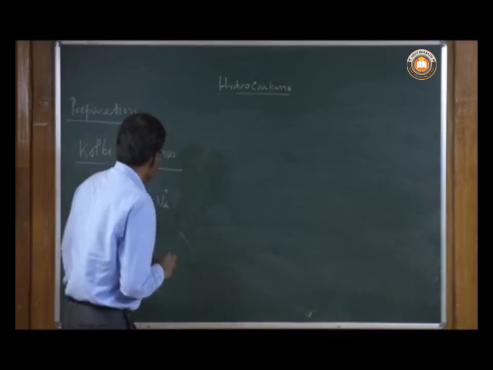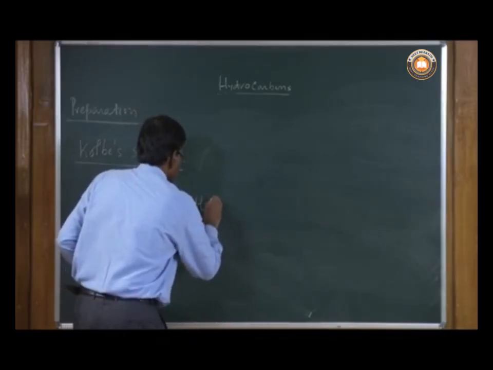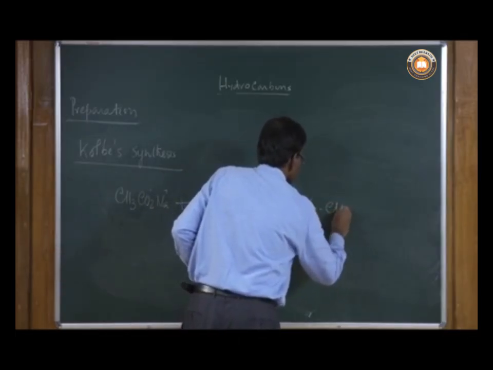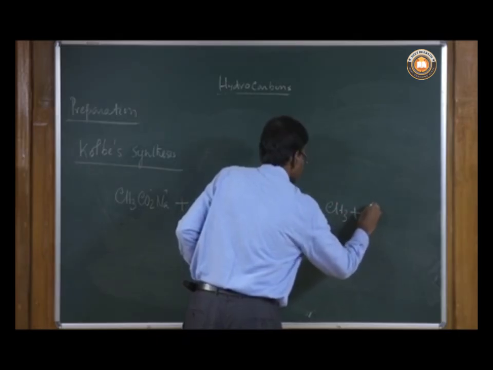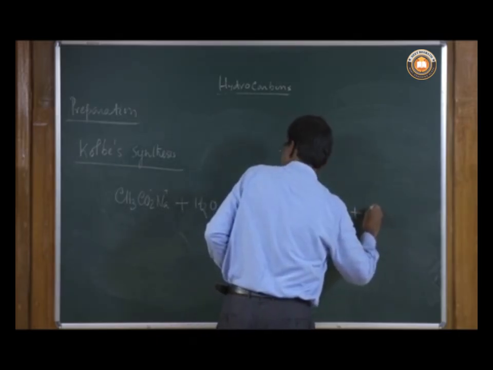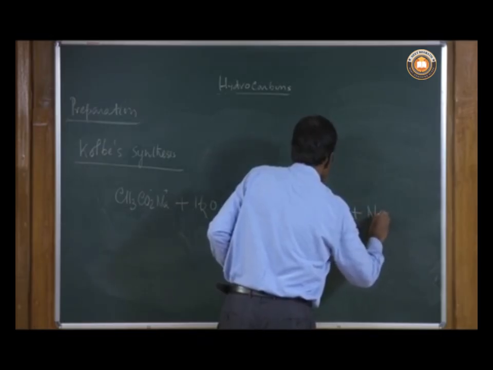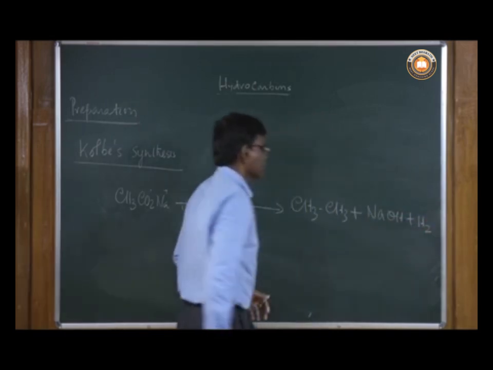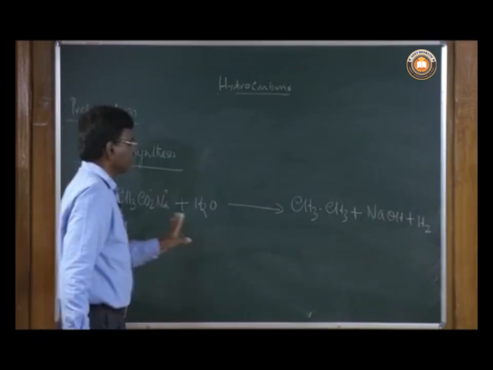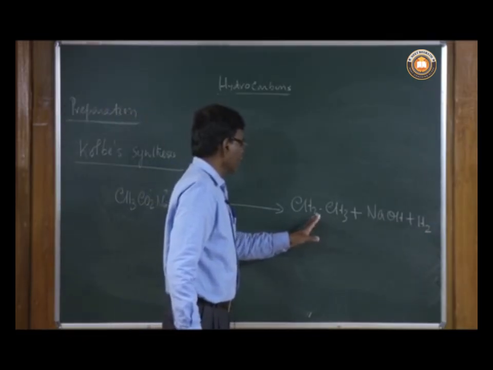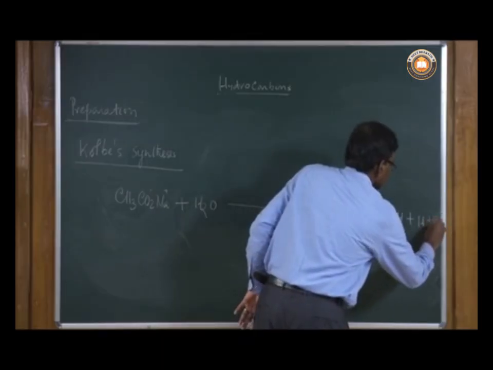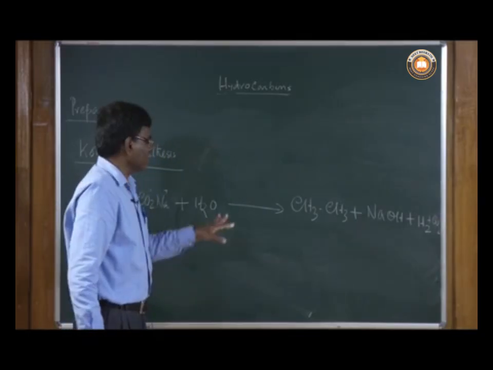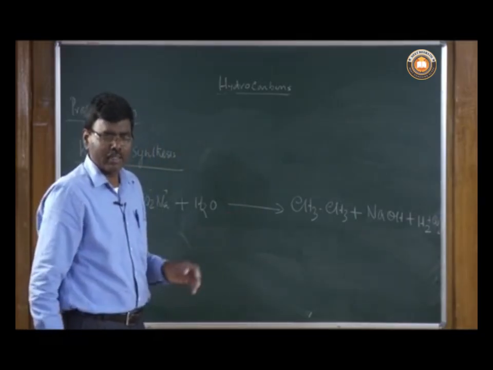When you do electrolysis in water, you generate sodium hydroxide and carbon dioxide, hydrogen and sodium hydroxide. This will be the byproduct. This is also a very common method to make alkanes.